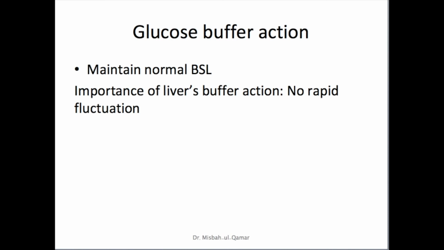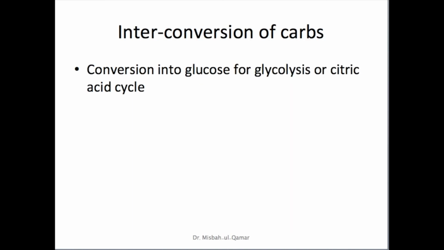Importance of liver's buffer action can be seen in a person with poor liver function where the glucose level after carb rich meal may rise 2 to 3 times. Another service liver provides is interconversion of carbohydrates like the conversion of galactose and fructose to glucose.